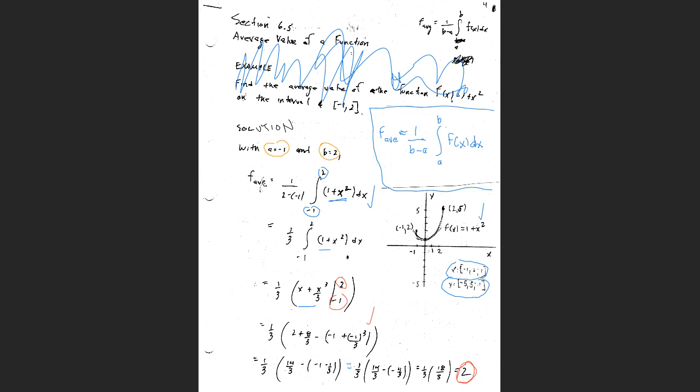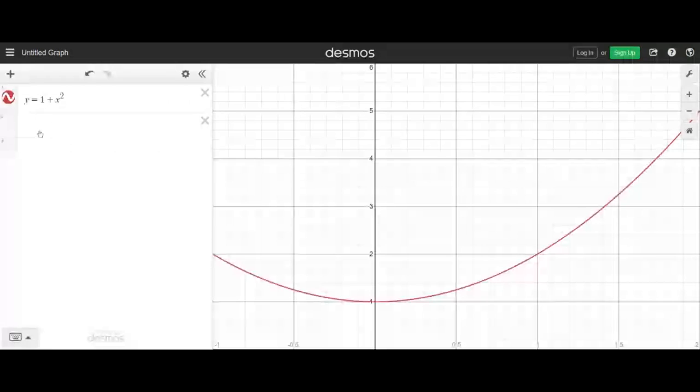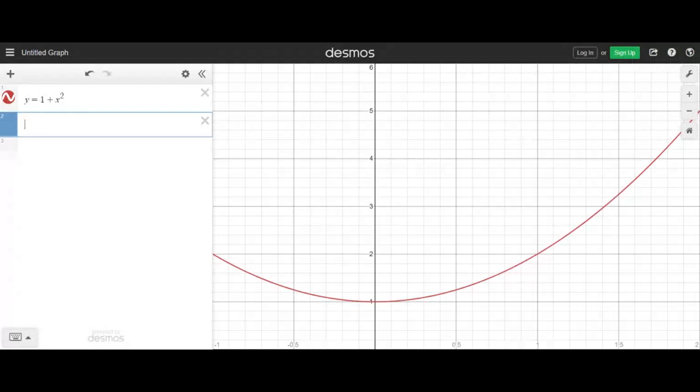Okay, if you're good, let's go back to Desmos and look at that picture. Okay, and I'm going to put in the line y equals 2.